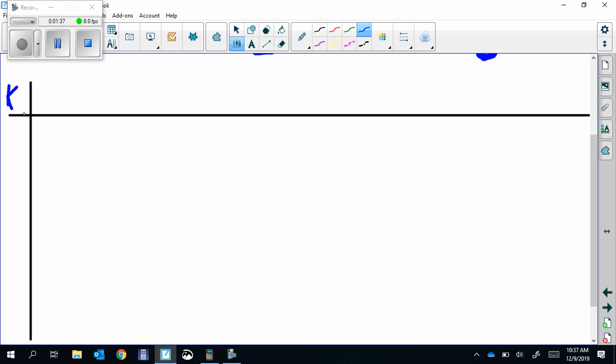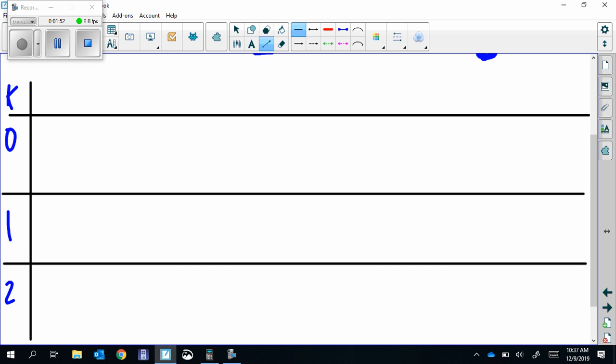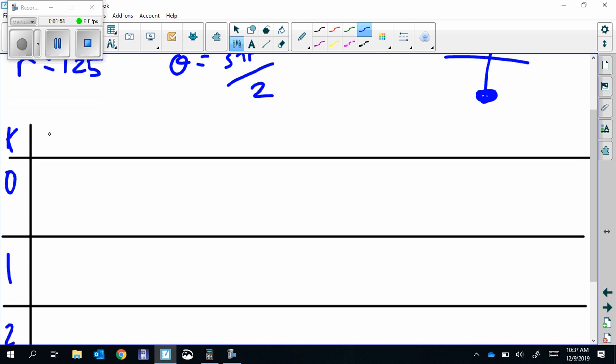So on the left, we do k. K starts at 0, and you count up until the number before n. So 0, 1, and 2. Our next part we're going to do is that new angle we're going to call phi, which is theta plus 2 pi k all over n.